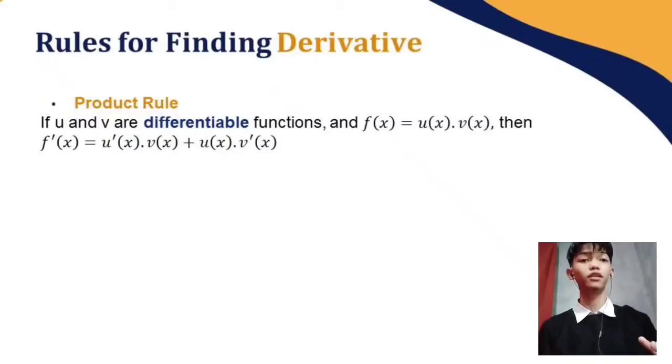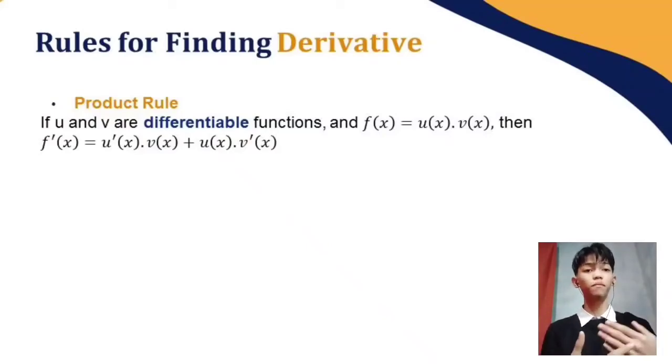If u and v are differentiable functions and f(x) equals u(x) times v(x), then f prime of x is going to be u prime of x times v of x plus v prime of x times u of x.